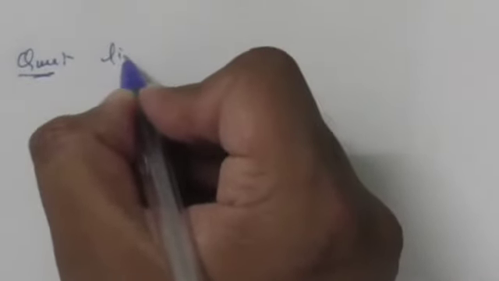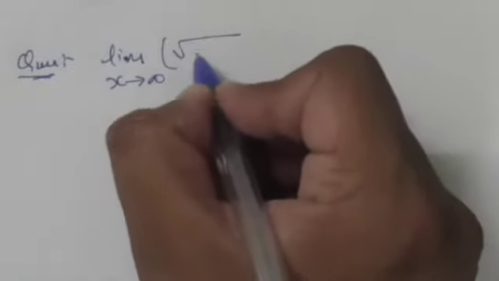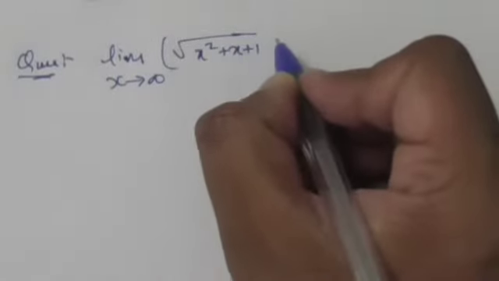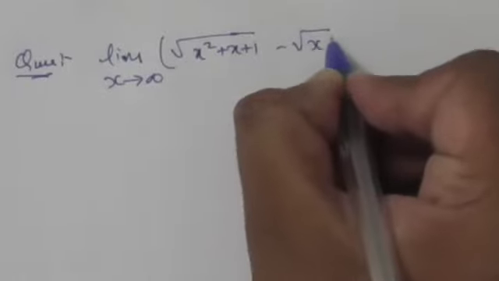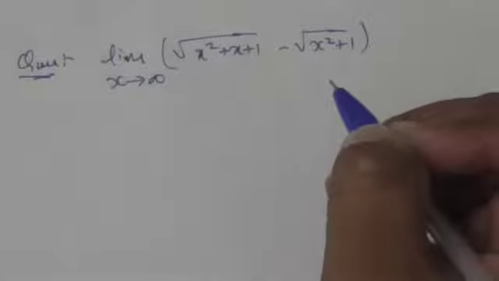Now we have to evaluate limit x tends to infinity root x square plus x plus 1 minus root x square plus 1, right?